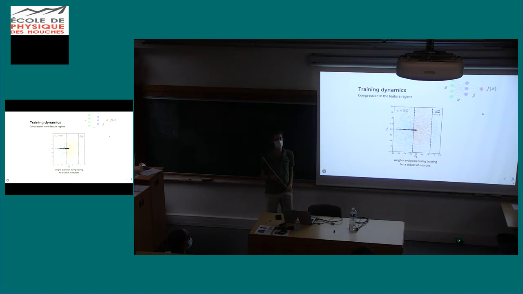So the training dynamics is an approximation of gradient flow. We have a learning rate which is adaptive, and it's full batch gradient descent, and then we adapt the learning rate in order to follow gradient flow to some level.